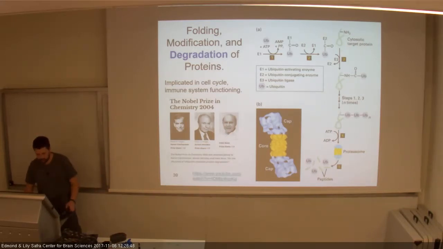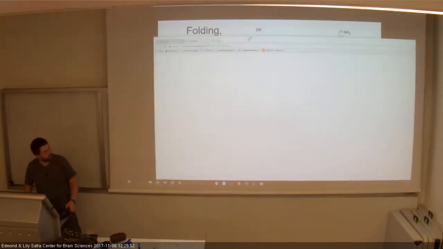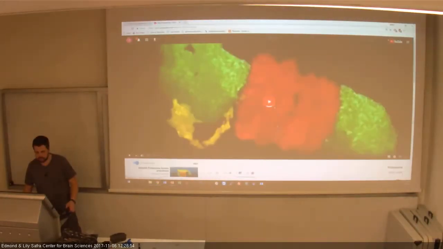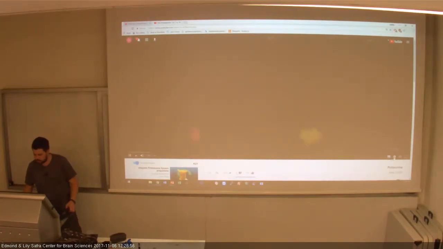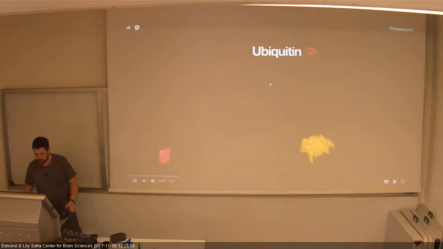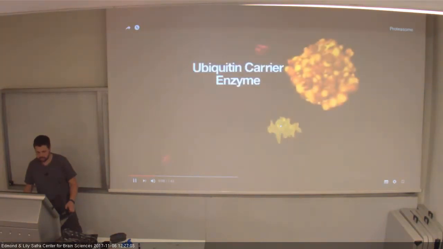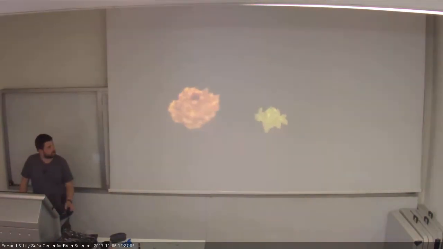And because this is pretty complex, there's another movie. So the little pink protein is ubiquitin, and our yellow protein here is ataxin-1. For ubiquitin to be carried to proteins, it needs a carrier. It's called the ubiquitin carrier enzyme.